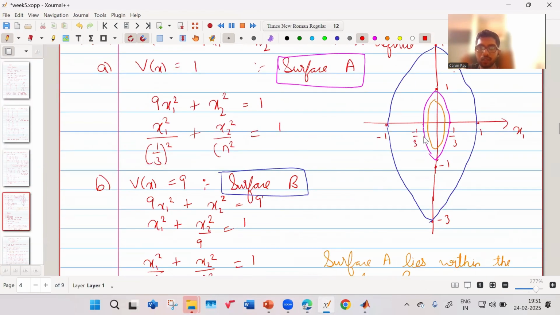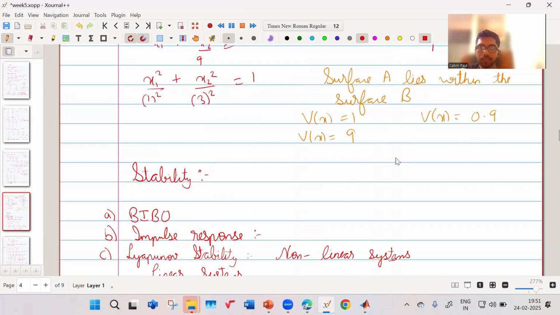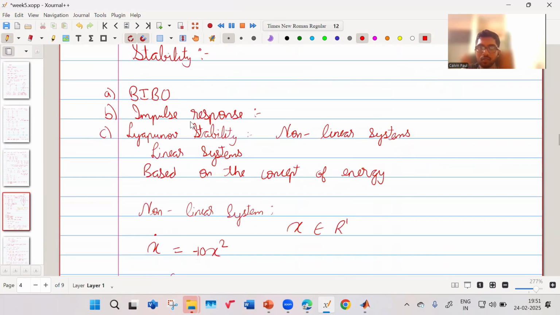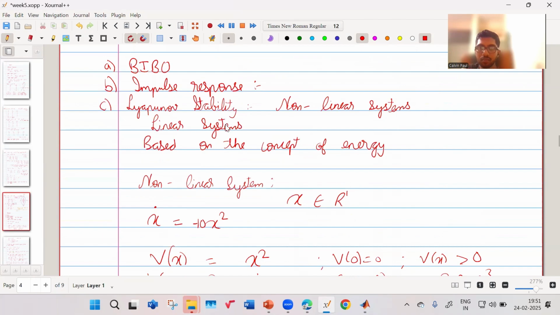What are these surfaces, and how do we plot them? We have also shown what is BIBO stability, what is the impulse response, and what is Lyapunov stability. Lyapunov stability has two ways. The direct method takes a Lyapunov function V of x, finds its derivative and checks the conditions to conclude stability, but the direct method is quite difficult.